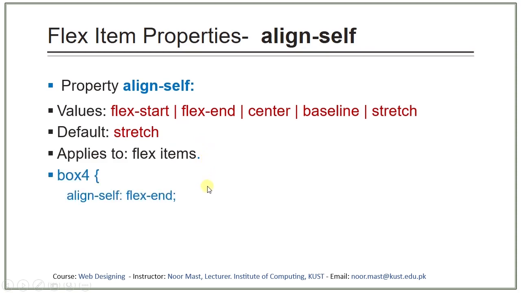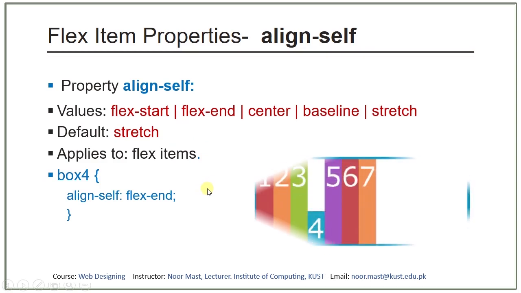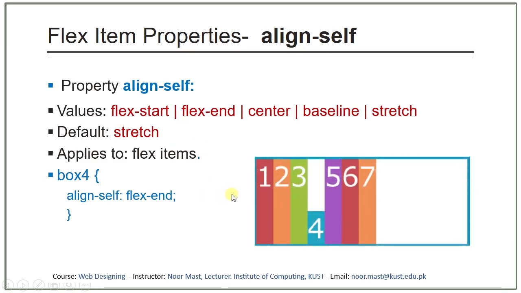Look at the following CSS rule and figure. The fourth box is set to align at the end of the cross axis, while the others have the default stretch behavior, because here in the CSS rule the align-self property is set to flex-end for the fourth box to override the align-items property, while the remaining items have the default behavior.